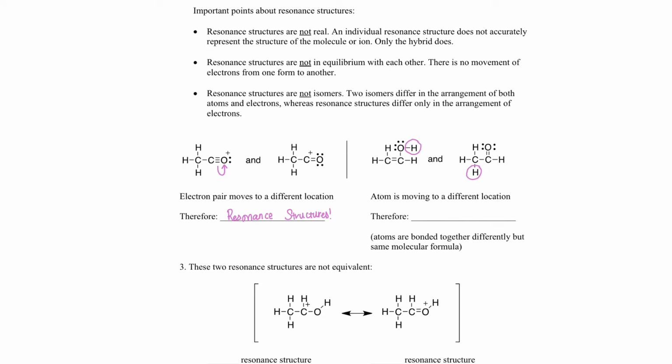Because we have differences in the movement of both atoms and electrons, this must be an isomer. And you can see that these two also have the same molecular formula because they have the same number of all of the atoms shown.